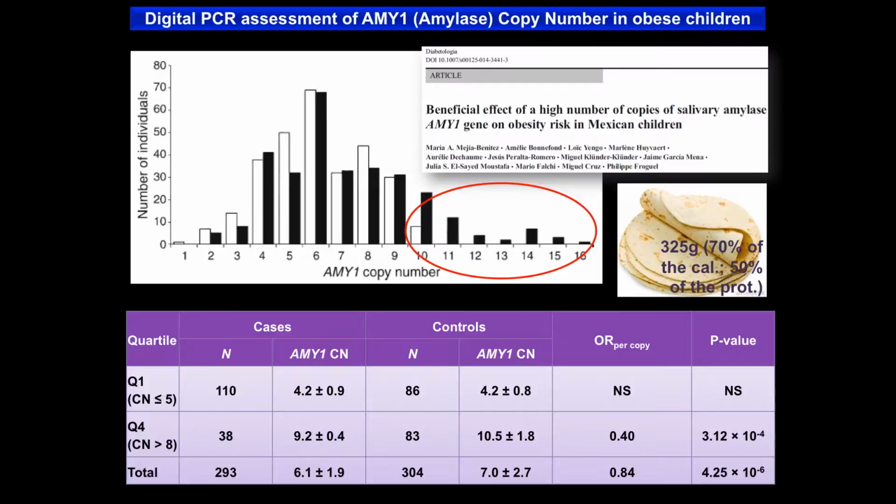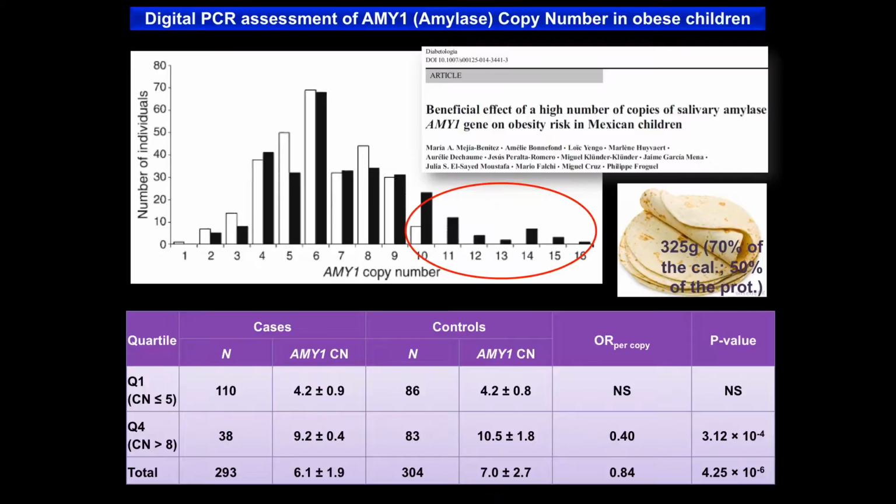And it's important that we found this effect in Mexico, because in Mexico, especially in the rural part, children get 70% of their calorie intake from starch. And as you know, amylase is a key enzyme for the digestion of starch. What we found in adults, but we have to prove in children, is that the way it affects the risk of obesity is probably through the microbiome.